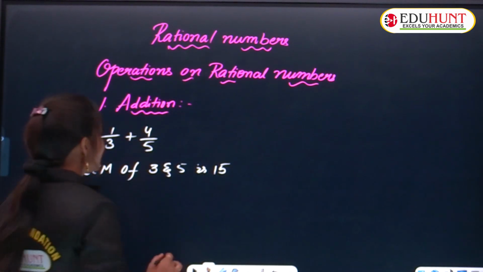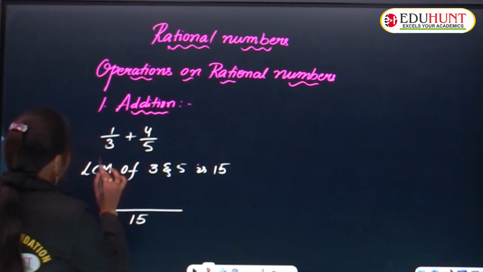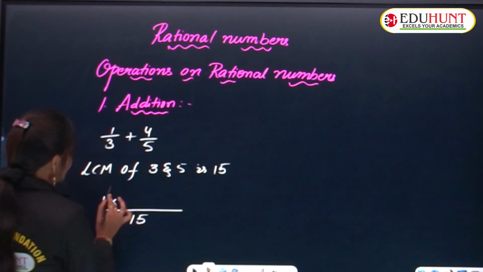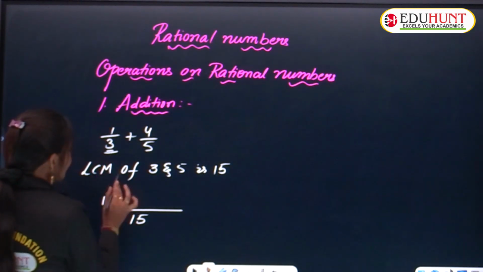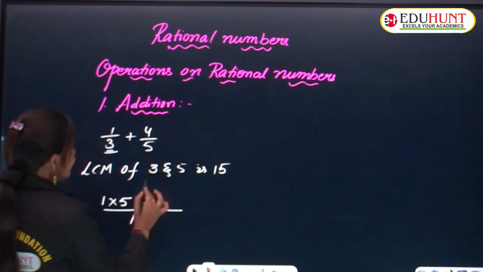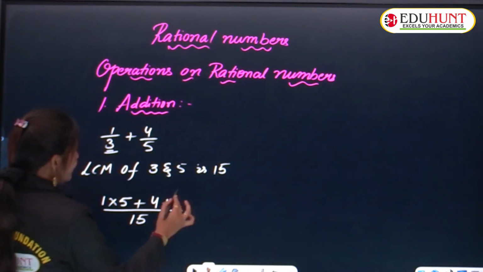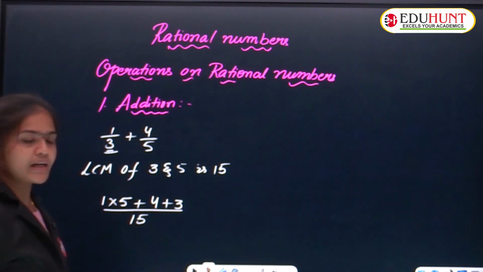We know that, right? Now here the denominator is 15 and the numerator is 1 into, 3 into how much is equal to 15? 3 fives are 15. Plus the numerator is 4 and the denominator is 5. 5 into how much is equal to 15? 5 threes are 15. Clear?